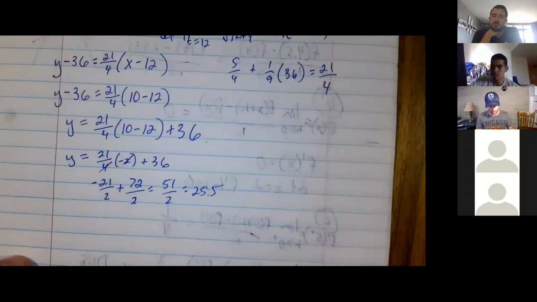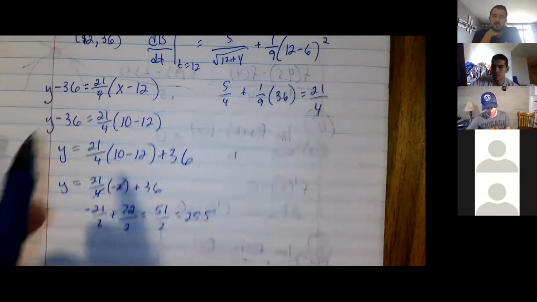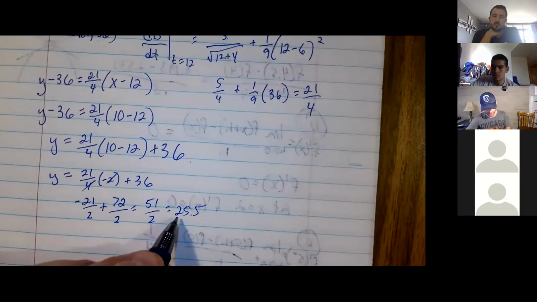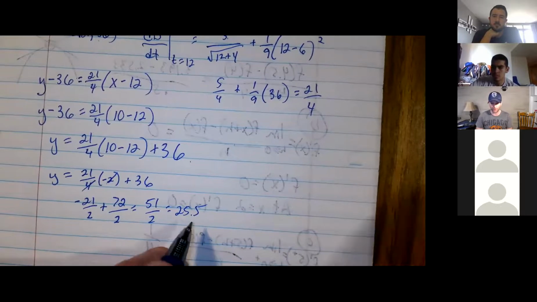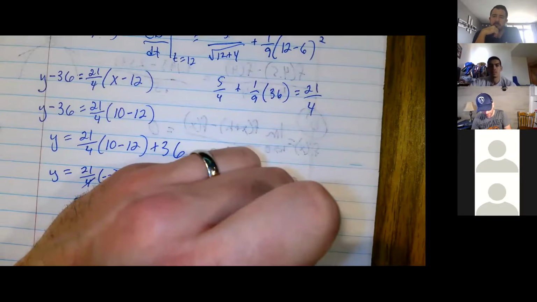But now remember, B is being measured in hundreds of books. So this is 25.5 hundred books, which would be 2,550 books.